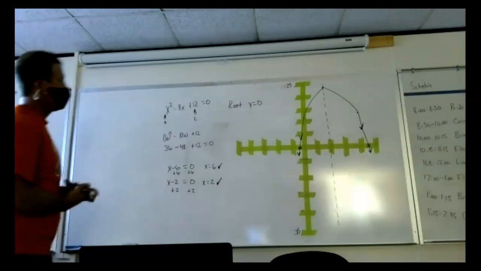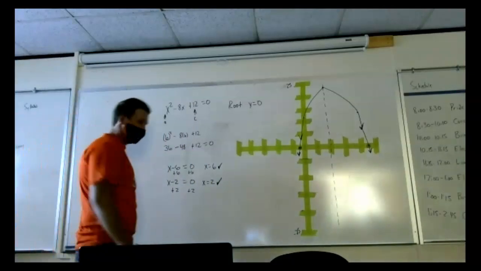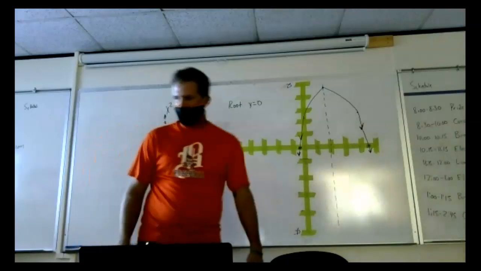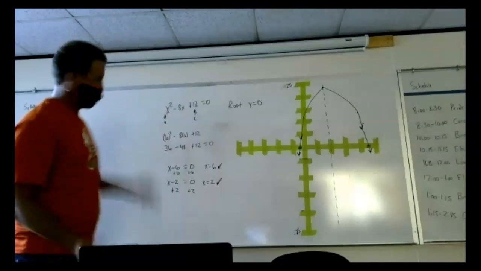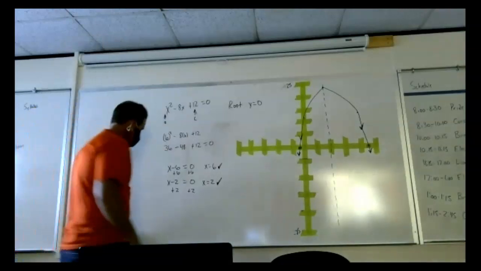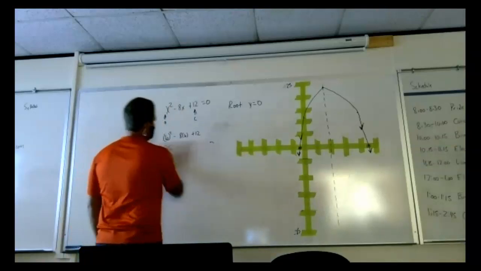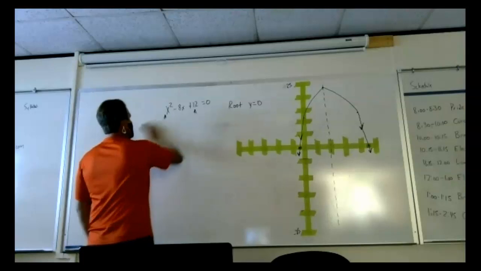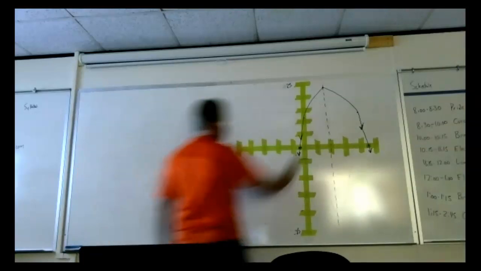Okay, once again, your roots are where we cross the x-axis. We're looking for our x-intercepts anytime that it says solve. One of the quickest and easiest methods is to factor. But that brings us to our last one, and that's in situations where they are not factorable. And we are still looking to solve these equations.